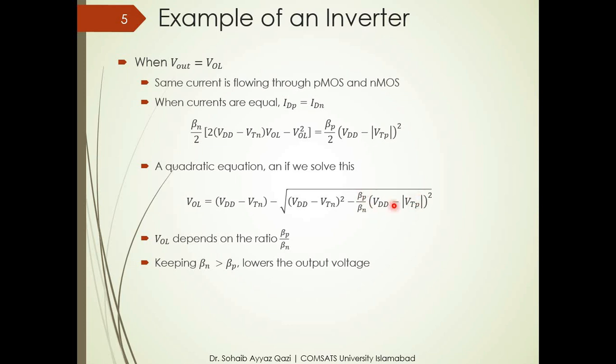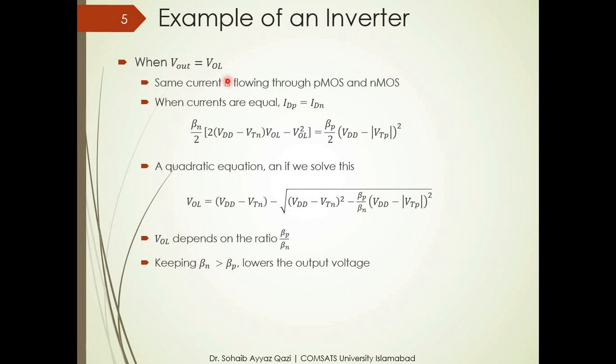If this expression is smaller, this other expression will be higher. And if it is higher, a higher value will be subtracted, so the overall VOL will be reduced. So if we want to achieve a lower value of VOL, we have to pick the MOSFETs where beta n is greater than beta p.